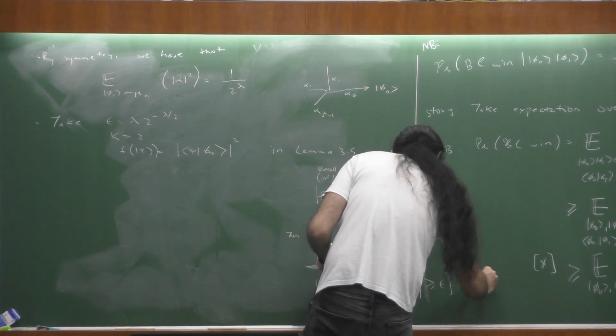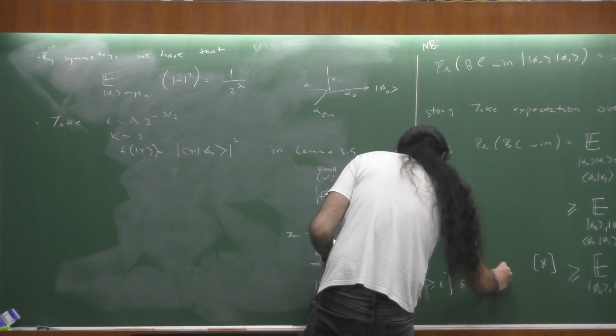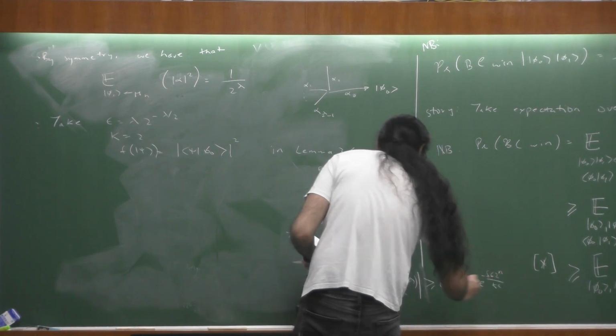So this was the explicit bound, delta epsilon to the n by kappa square.